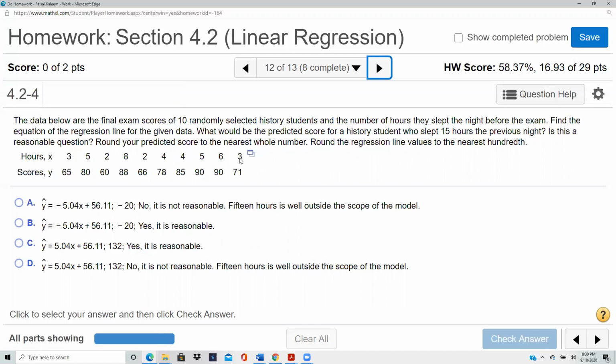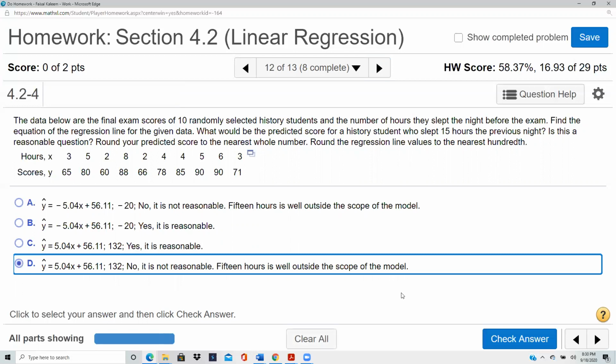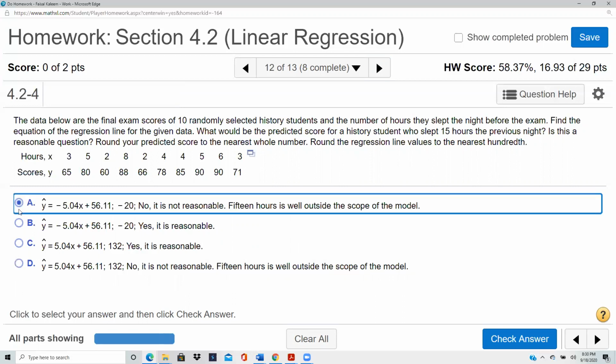This range is 3 to 8 maximum. So the model should not be able to predict it. It's outside the scope of the model. They have strange choices because the first one also says that 15 is outside the scope. So it could be either A or D.